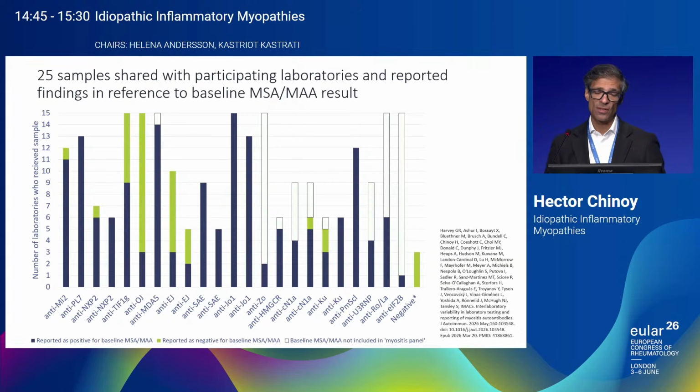So for anti-Mi-2, they did pretty well. In 11 out of 12 laboratories, they correctly reported the Mi-2 result. Similarly, PL7 and NXP2 did well. But look at TIF1 gamma: of the 15 laboratories who reported the result, 6 of them actually reported the result as negative.